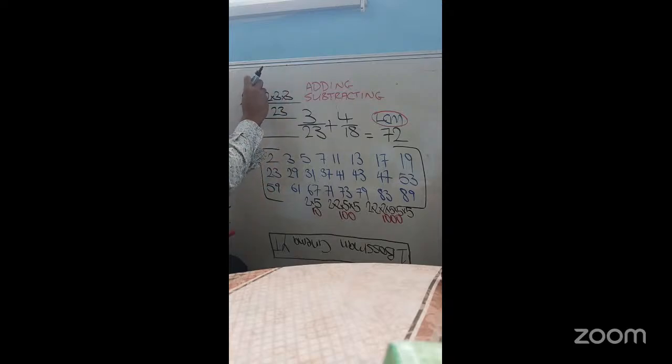Notice the difference. We can't break down 23. Therefore, the LCM is this times that. So therefore, you have to multiply 23 by 18. Right? So, yeah, you don't have a choice.